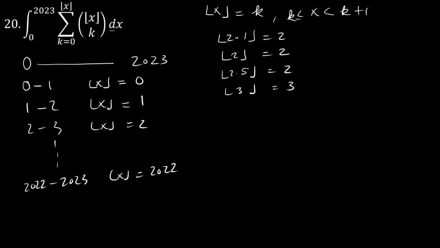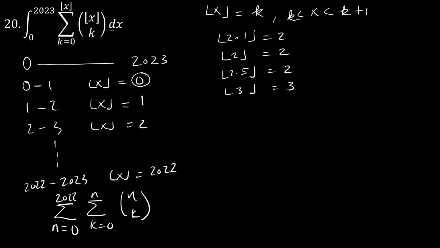In other words, what we are looking at is something interesting where we have the summation from n equals 0 to 2022, and we have k equals 0 to n of n choose k, right? What it's just telling us is that we are summing in this interval.